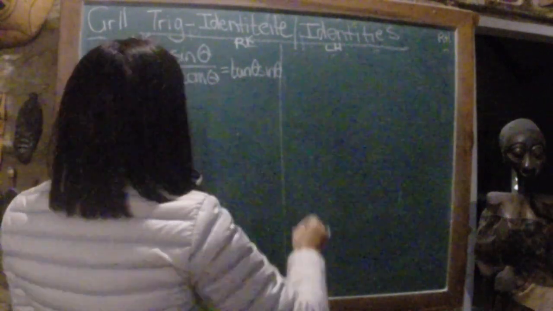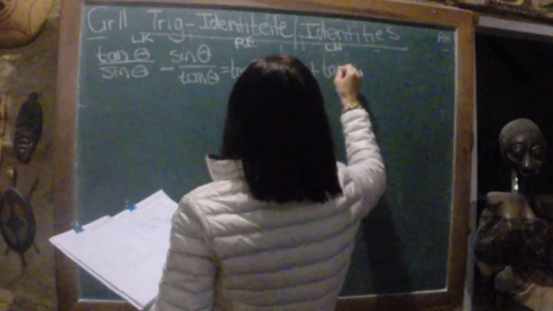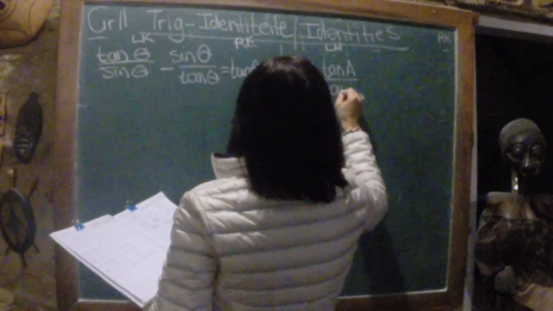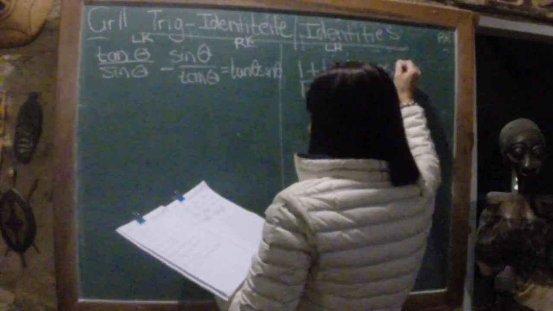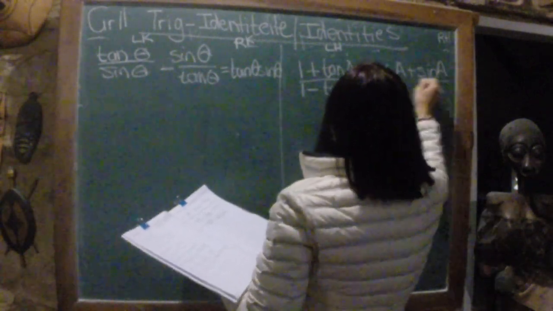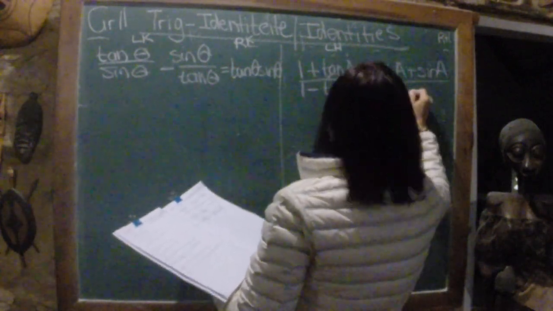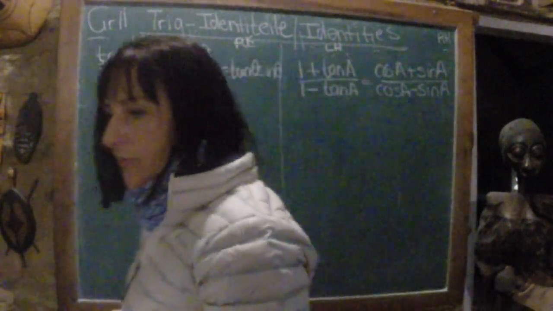Okay, and then the last one we're going to do: 1 plus the tangent of A on 1 minus the tangent of A, and that equals the cos of A plus the sin of A on the cos of A minus the sin of A. Let's start on that side.